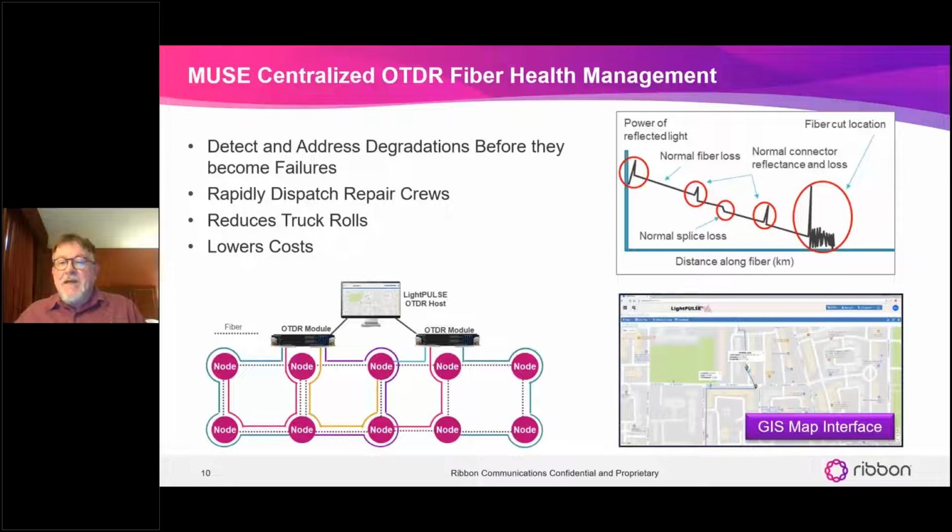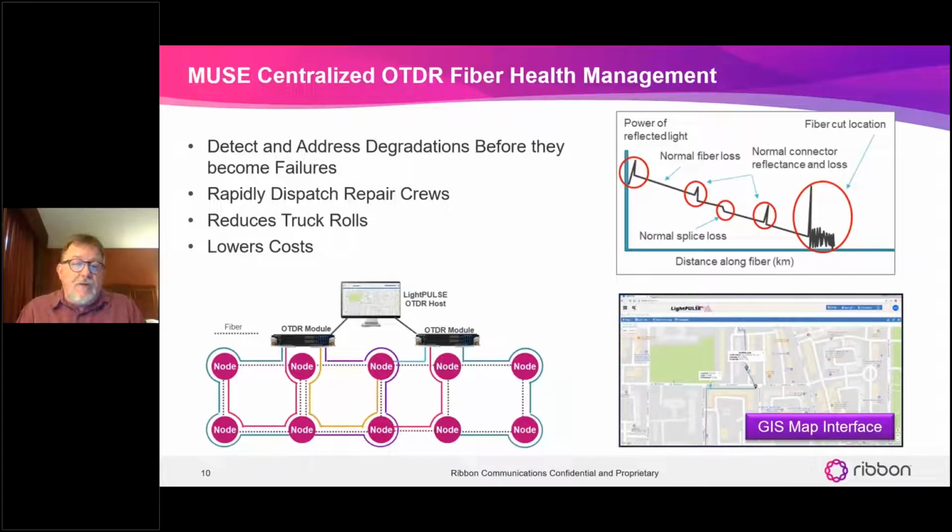So being able to visualize exactly where that error is, where the break is, within a meter or two, is obviously critical, right? Because then once you have a detected failure, you're not still troubleshooting.